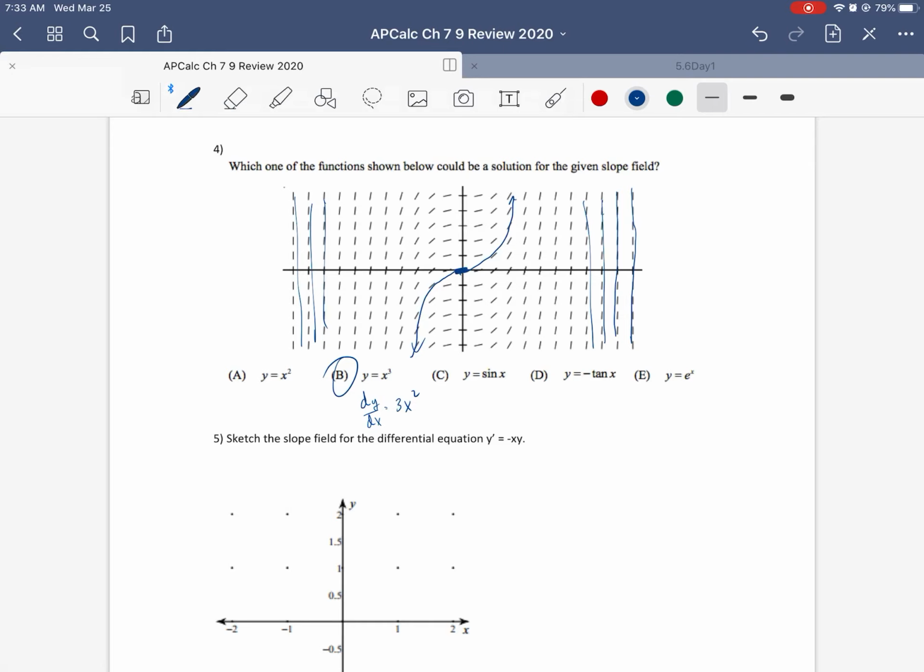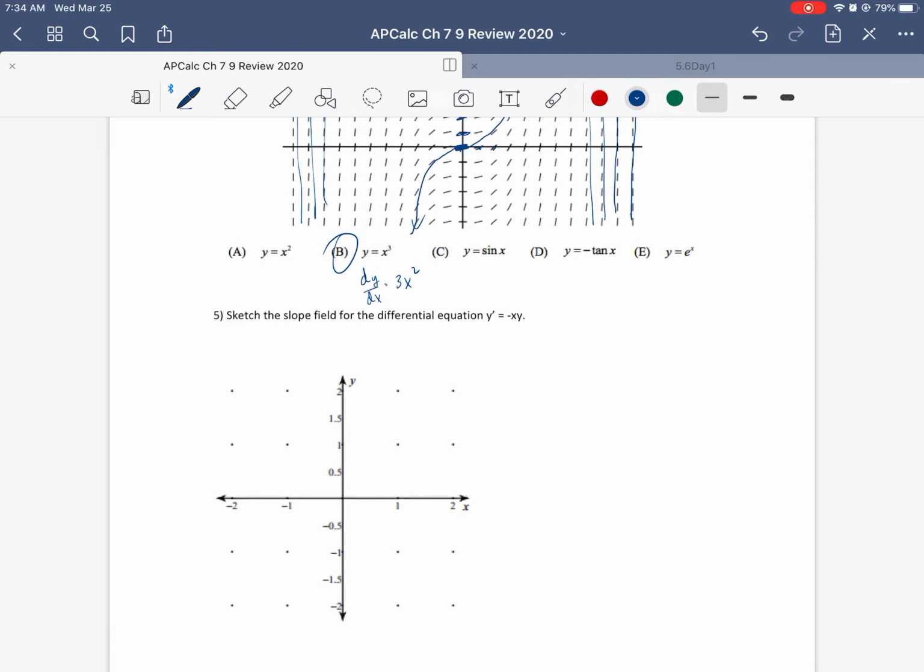It only flattens out at 0 because that's when x is 0, and it's flat there the whole time. As we move to 1, assuming the first tick mark is 1, it gets a little bit steeper to a 3, and then a 12 and so forth. So that also confirms that x cubed would be the equation, and 3x squared is the derivative.